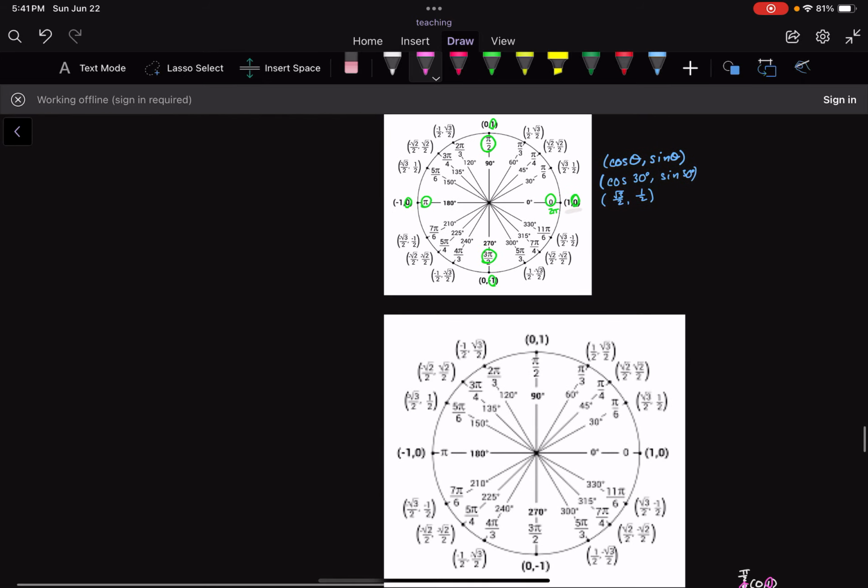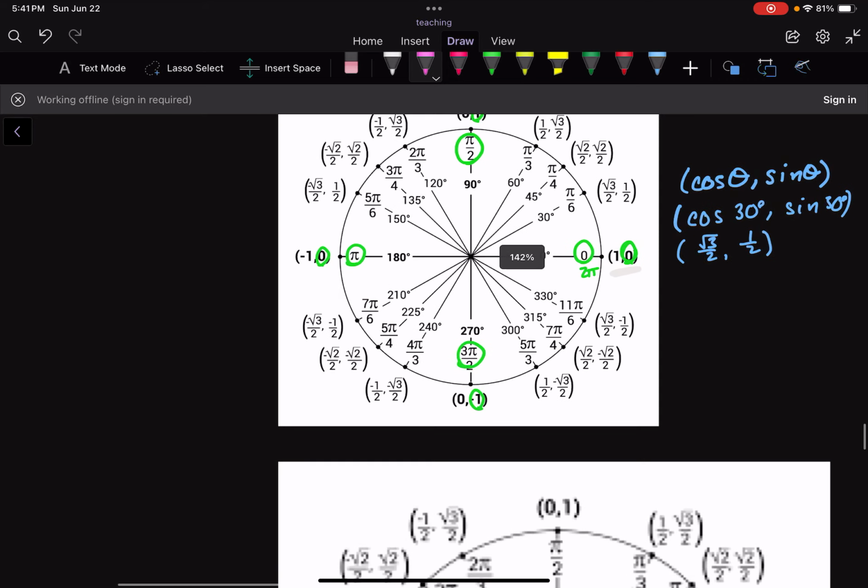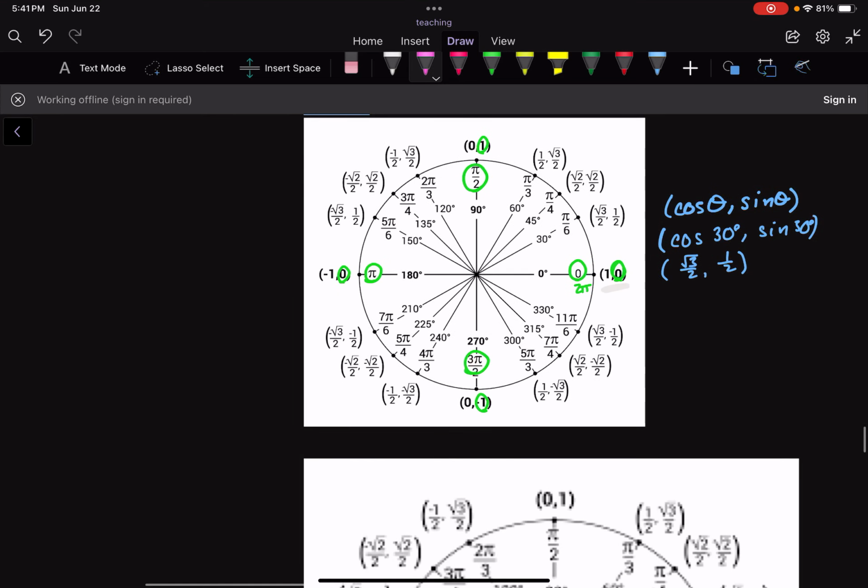So I put a picture of one in here. And so I can ask you sine, cosine, tangent, cotangent, cosecant, secant of any of these angles. I can ask you in radians, I can ask you in degrees, but I can ask you for any of these angles. So just be prepared for that.